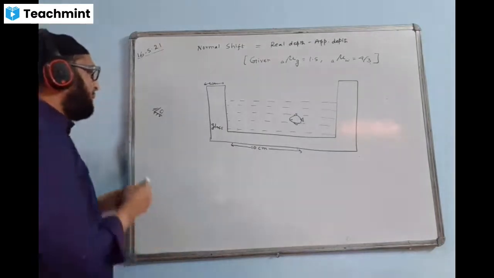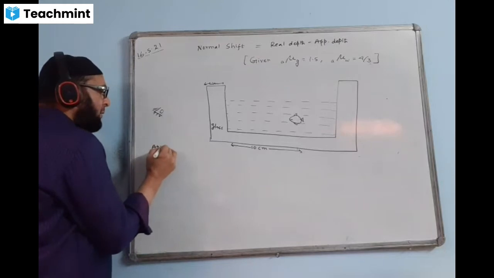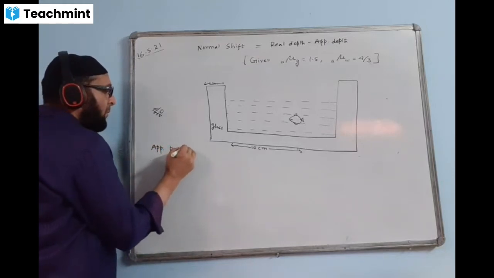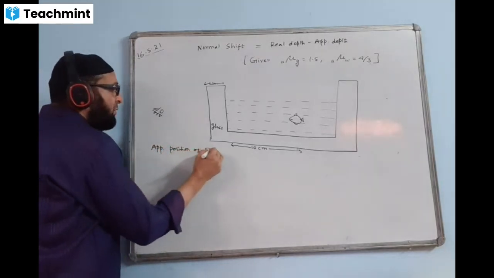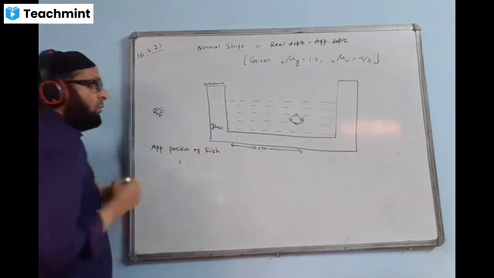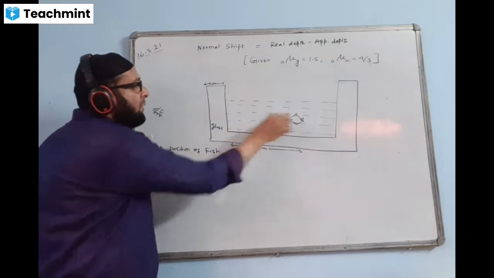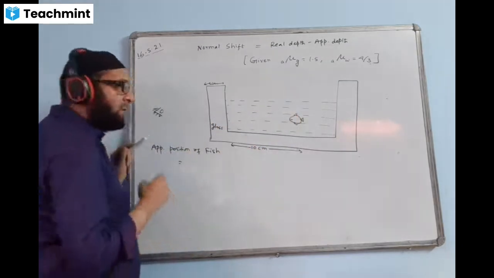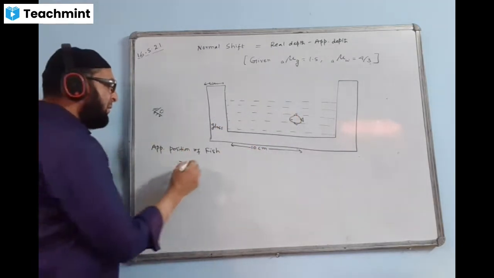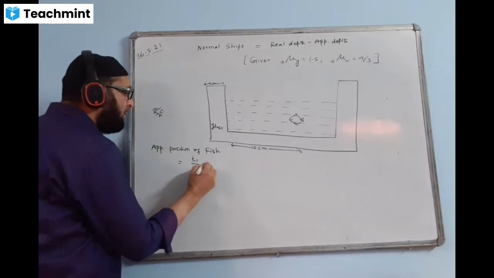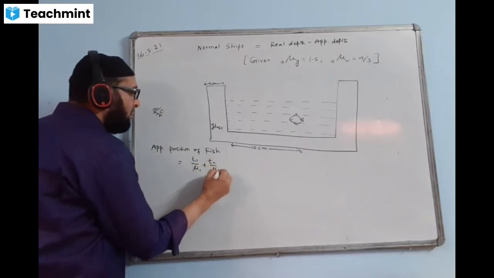How to find the apparent position? Write down: apparent position of fish is equal to, again we see there are two media, one is glass, one is water here. It is a multiple refraction case. What is the formula here? T1 by mu1 plus T2 by mu2.